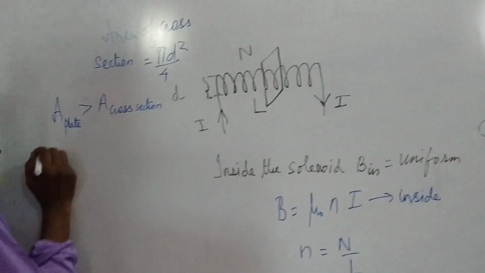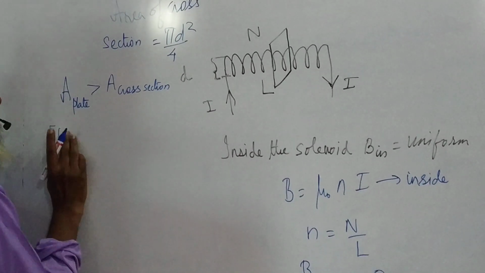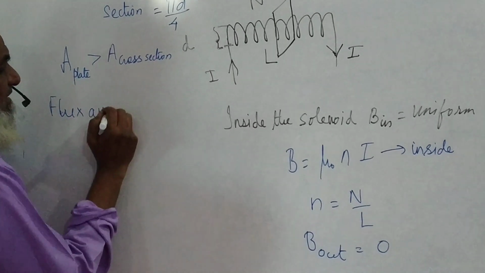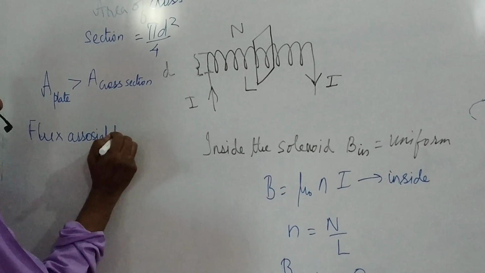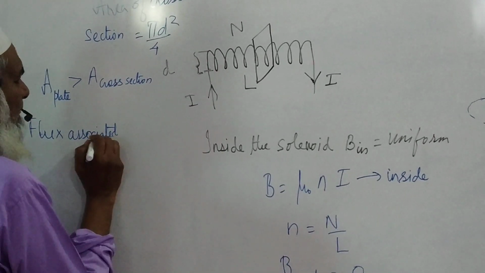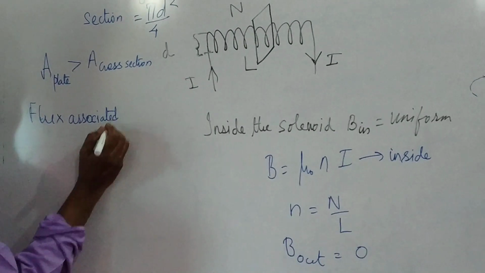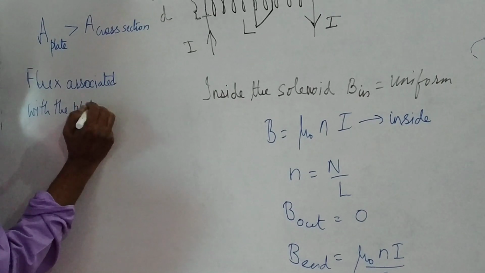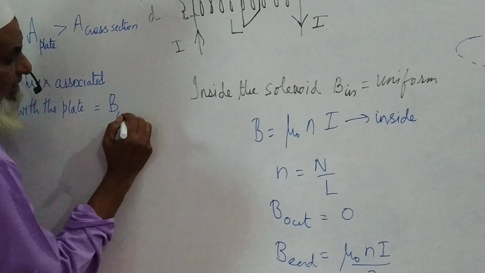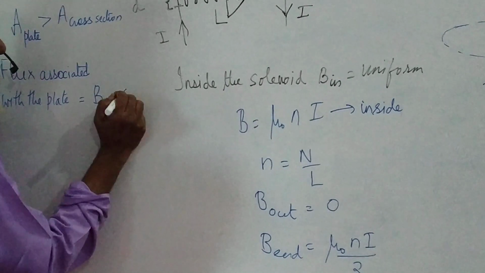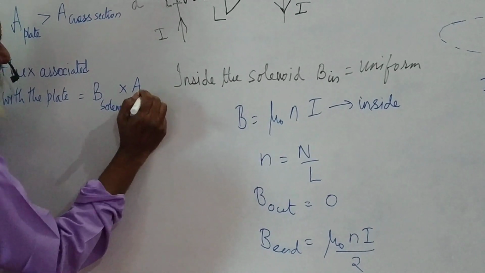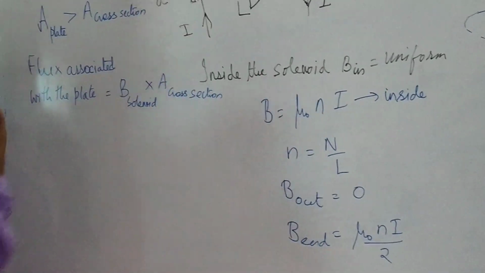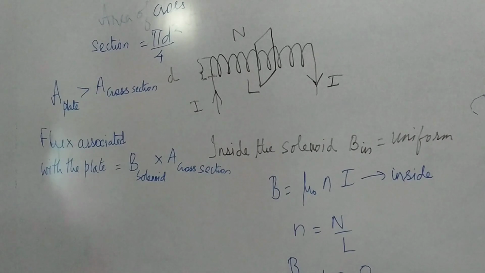Then what I have to do is, the flux associated with the plate will be B of solenoid into the area of cross section. We don't take the bigger area, we always take the smaller area in this case.